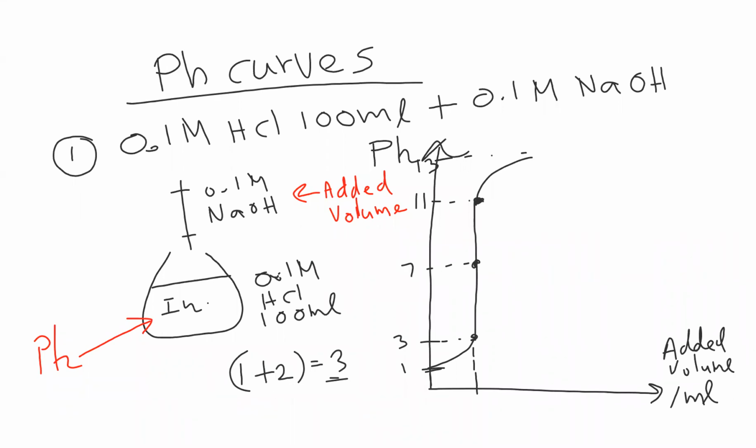There's only one more thing to know, that is how to take the volume. When the reaction totally finishes, or when the system reaches neutral pH, we should know how much sodium hydroxide we should add.